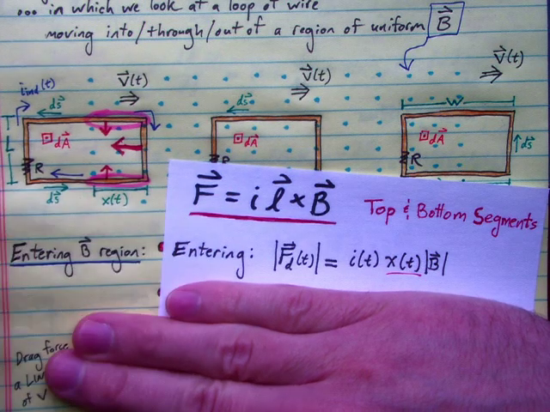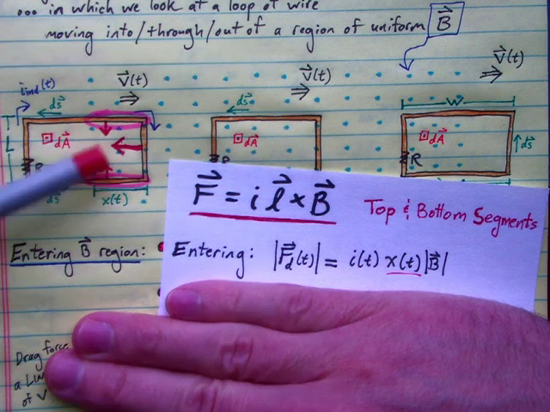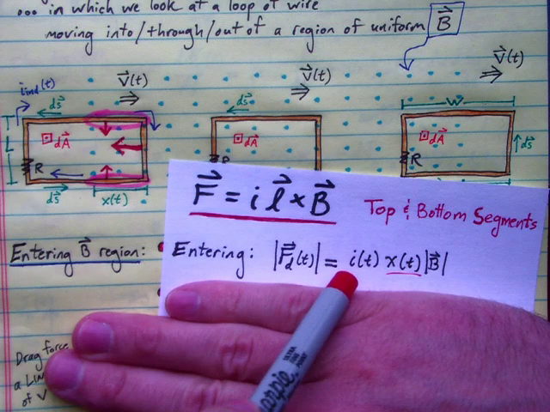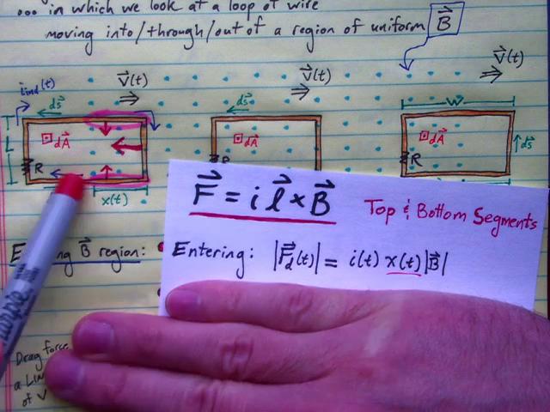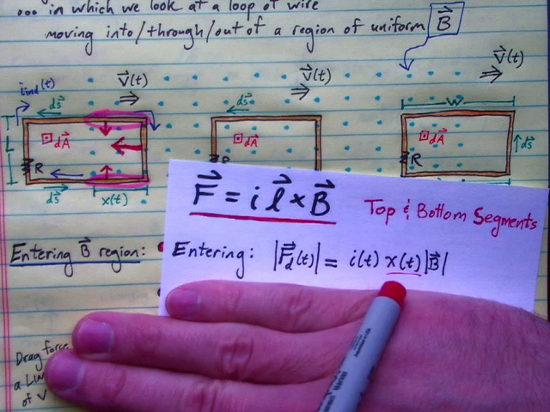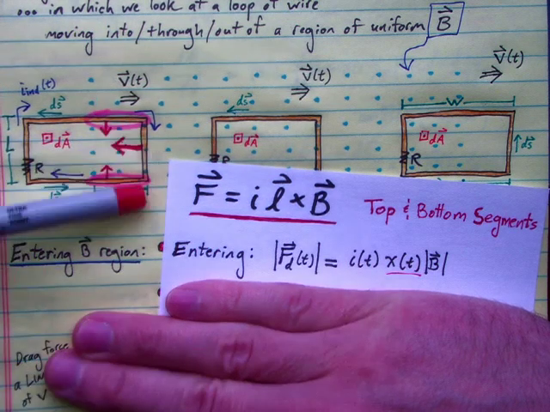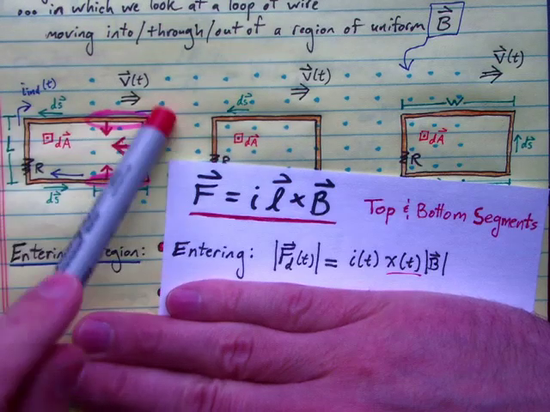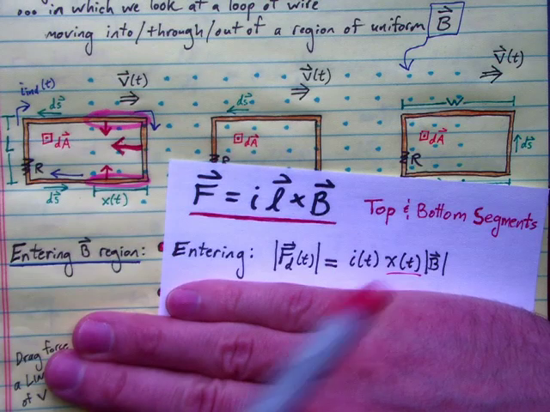As the loop enters that region, these two forces on top and bottom will depend on the current, which is a function of time, and also depend on X, which is a function of time, and then B. So this is not big L, and it's also not this total distance here, it's just the length of wire that's actually in the B field.